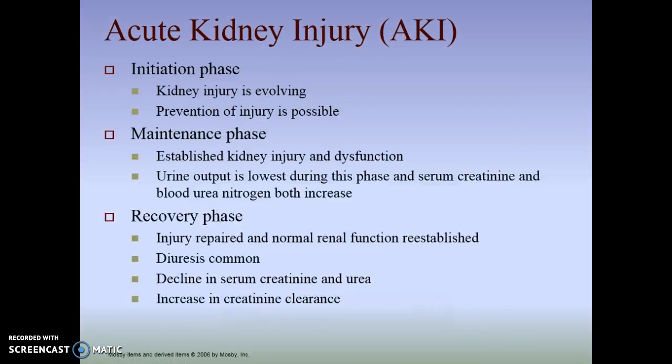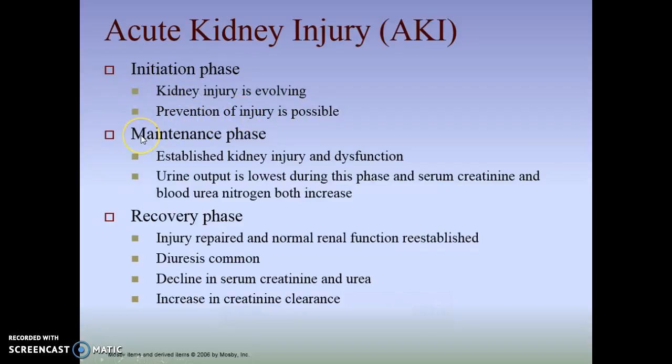All right, so with acute kidney injury, there is an initiation phase where kidney injury is evolving, it is starting. And at this point, if you stop that initiation phase, whatever the problem is, if it's ischemia, you add blood, you add oxygen, and you get oxygen back to the kidney, you can actually prevent injury from happening.